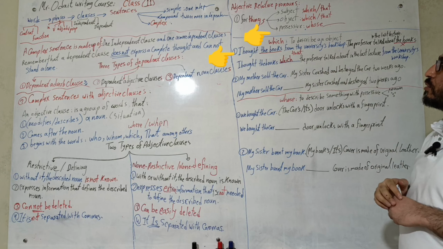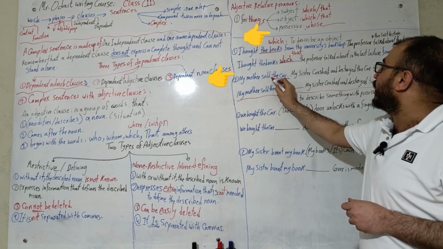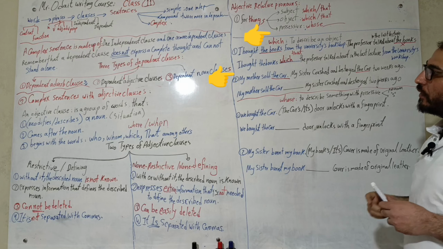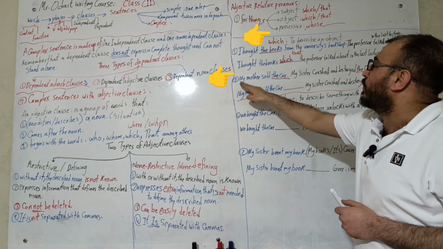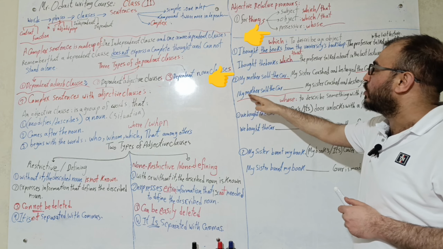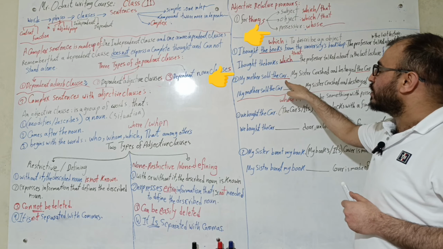Again, my friends, second example: we have my mother sold the car and my sister crashed and destroyed the car 2 weeks ago. Again, my friends, I start with the first one, the first simple sentence or independent clause. I continue writing until I reach the object.